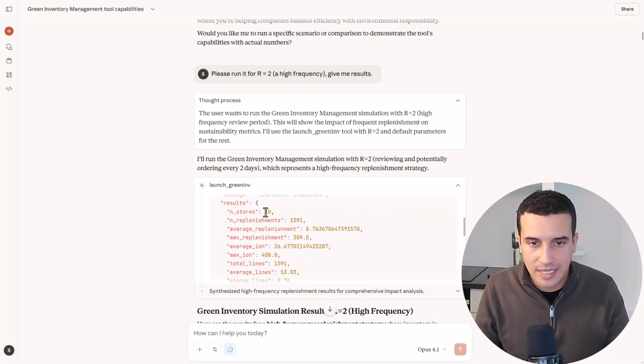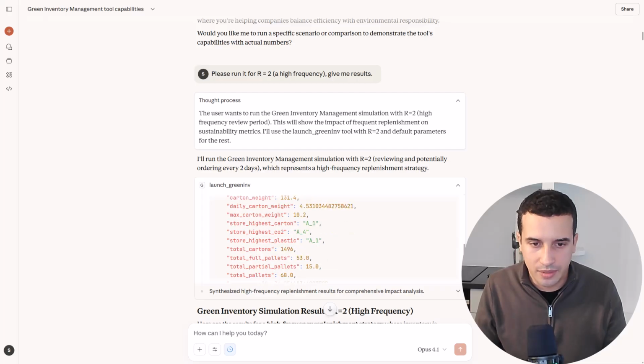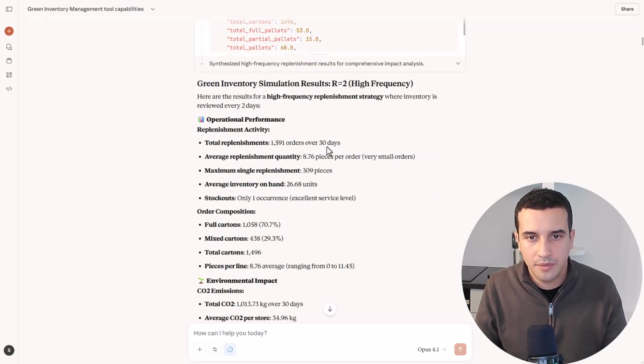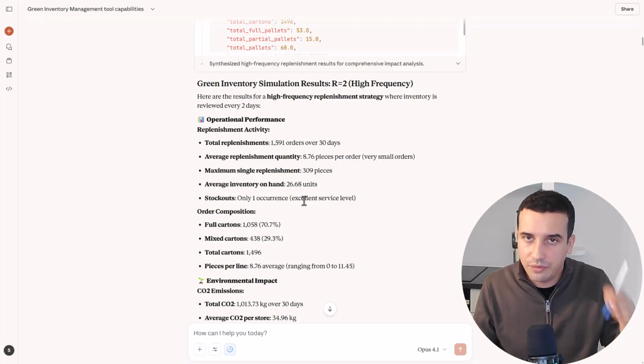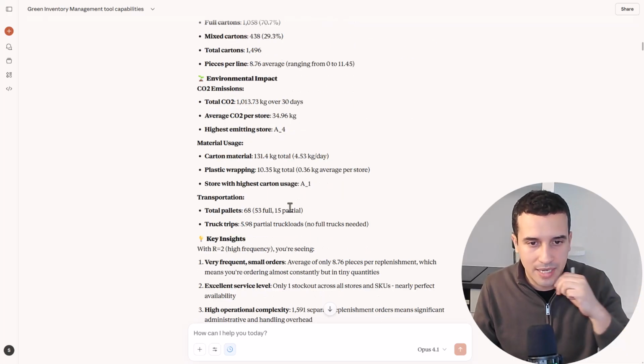Then it retrieves, thanks to the FastAPI microservice, some results. These results include the number of orders per 30 days, the number of pieces per order, and all the different KPIs that I showed you in the user interface, like in the LogiGreen app.